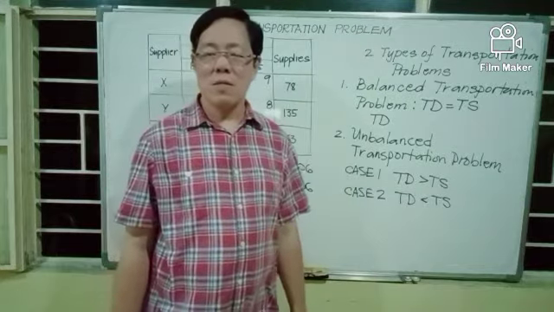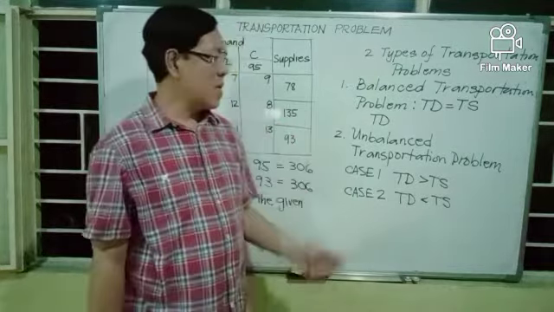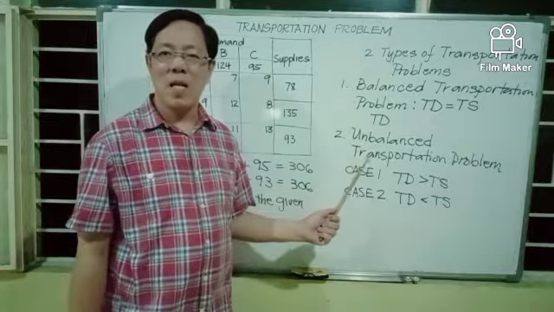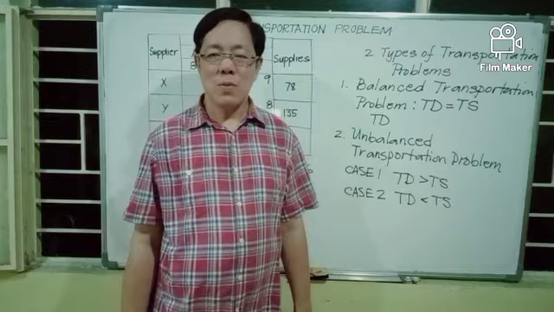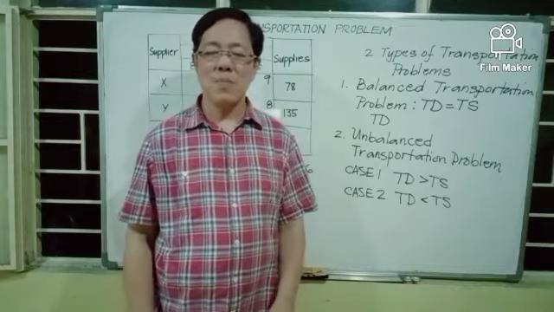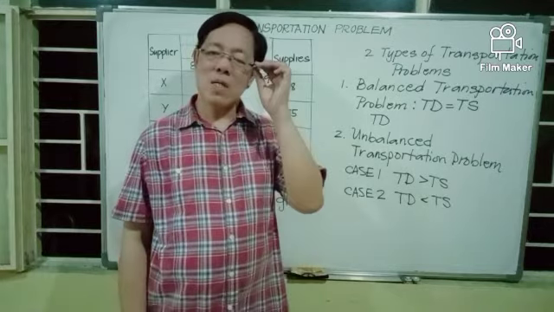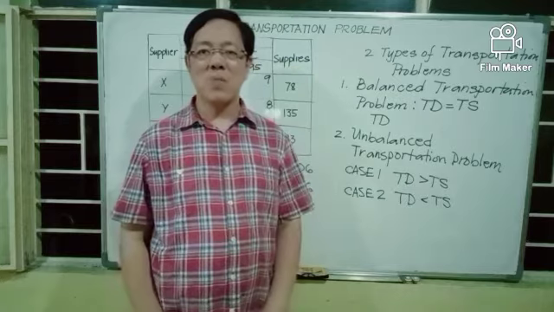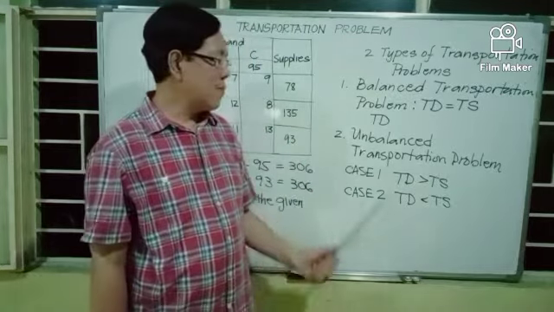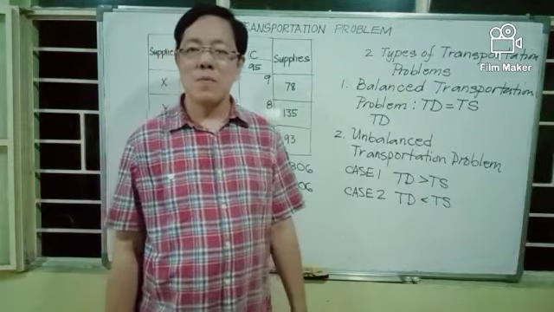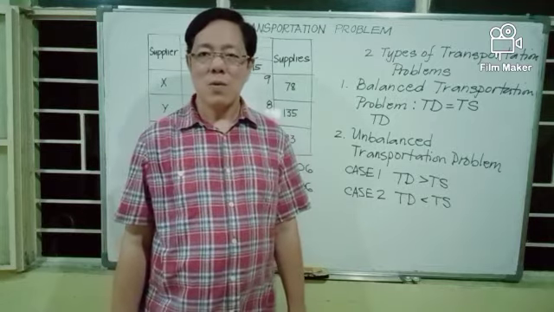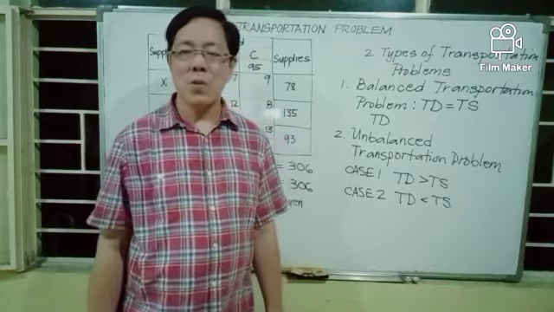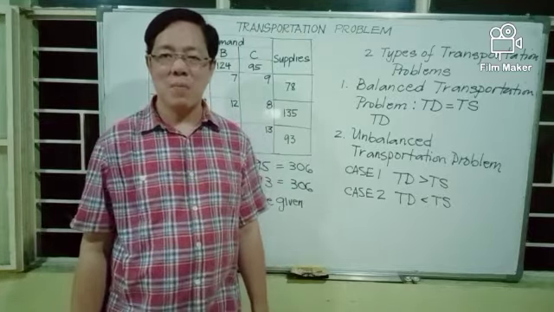The method for solving the balanced and unbalanced transportation problems is the same. The process is the same, but when you solve an unbalanced transportation problem, you first have to balance it. You have to convert it to a balanced transportation problem.